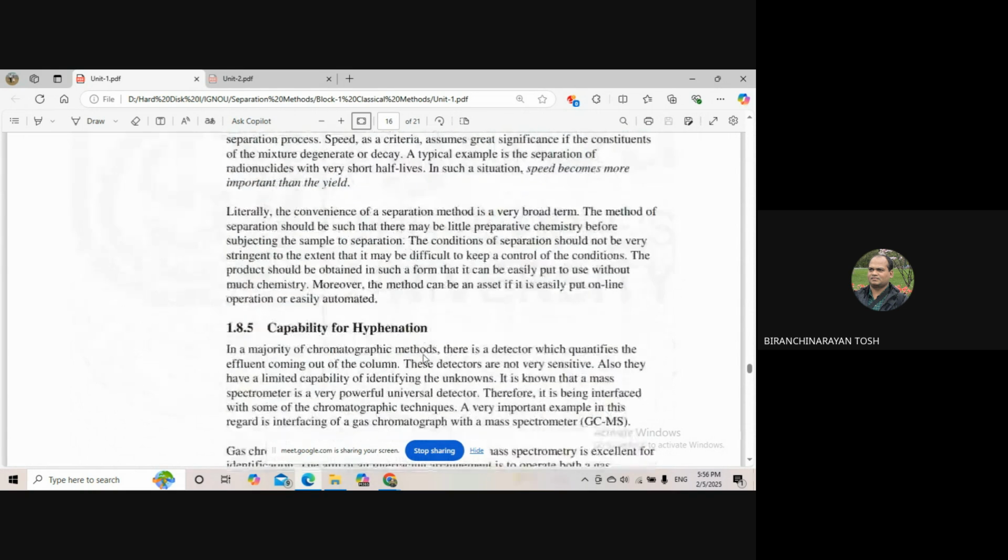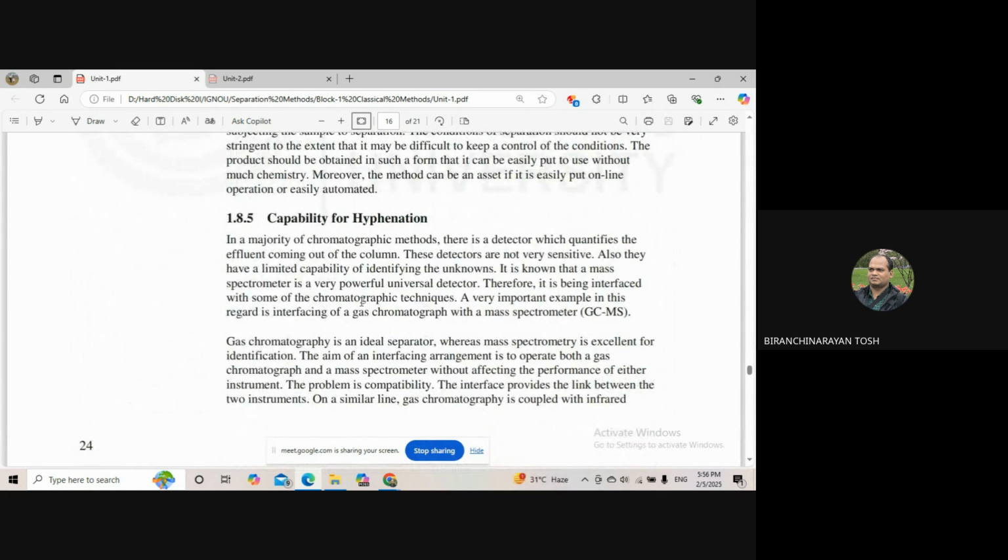Then the capability for hyphenation. Hyphenation means you can use two methods together for separation, like GCMS. In a majority of chromatography methods, there is a detector which quantifies the effluent coming out of the column. These detectors are not very sensitive.